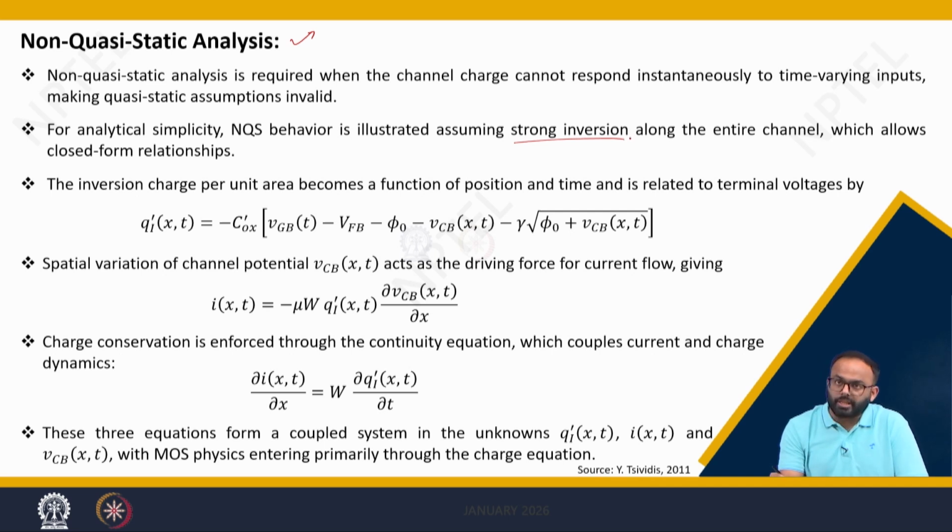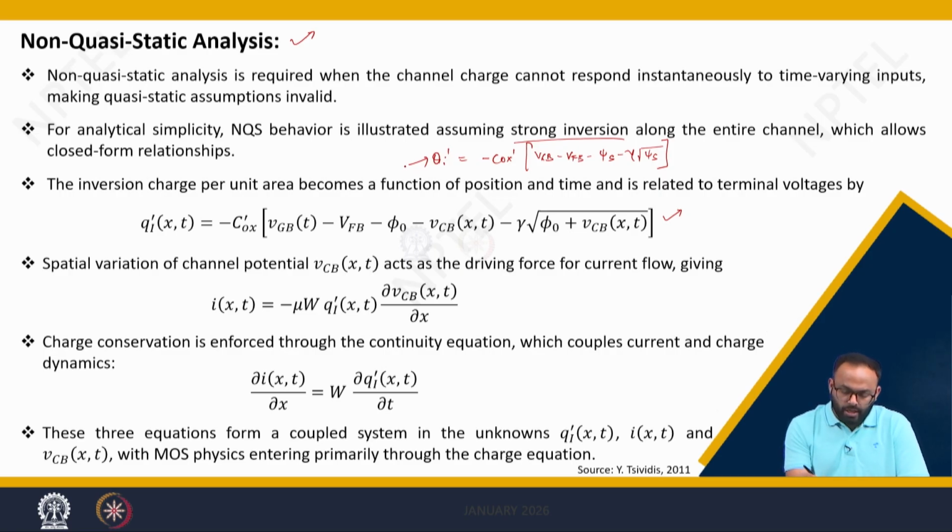In the strong inversion case, we know how to write the inversion charge: Qi dash equals minus Cox dash into (VGB minus V flat band voltage minus psi s minus gamma root psi s). This I have written for DC.